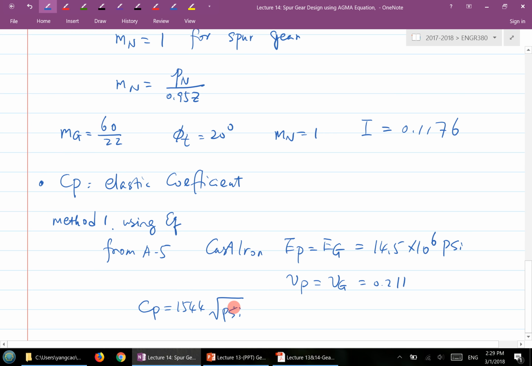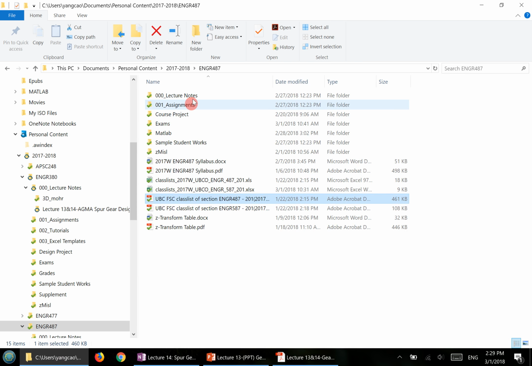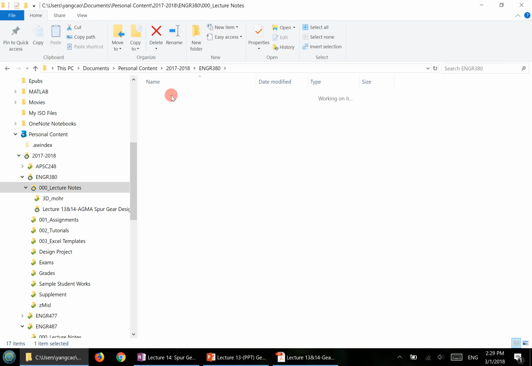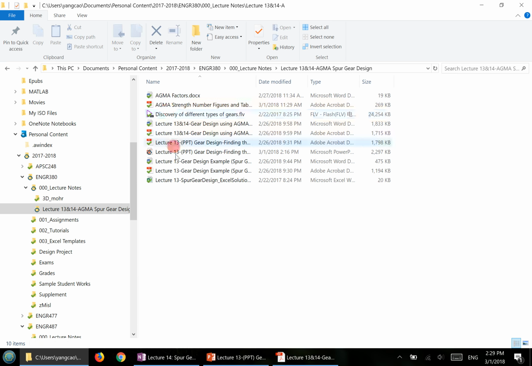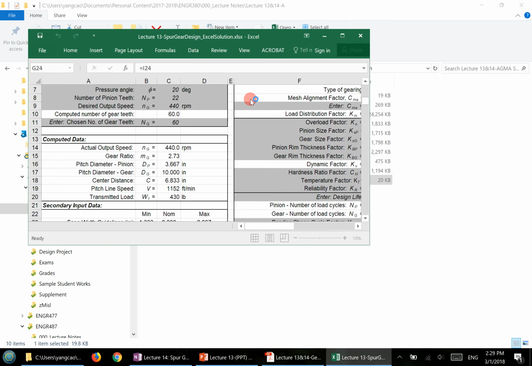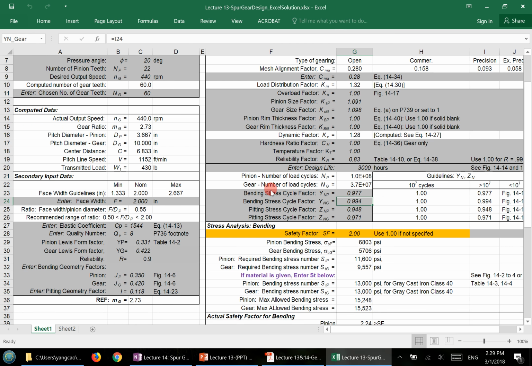This first method is how I code it into the Excel also, for you to do the calculation. So let me show you the Excel here. CP is over here.